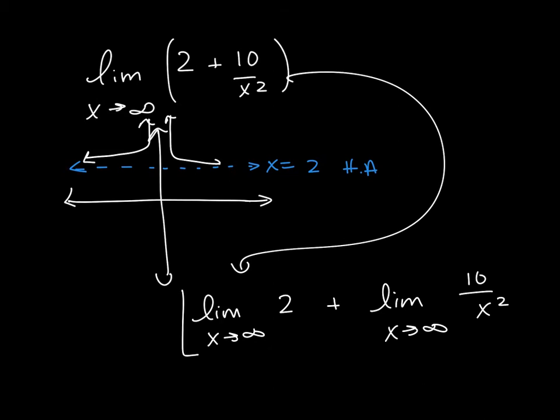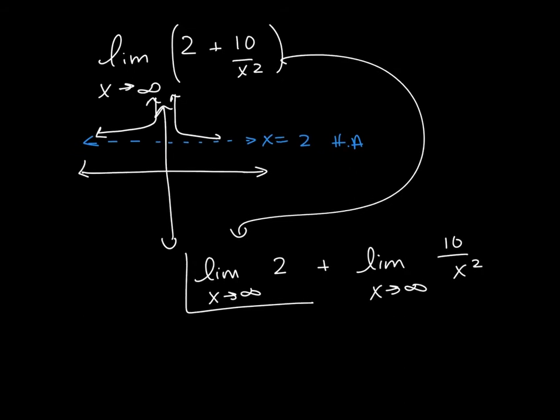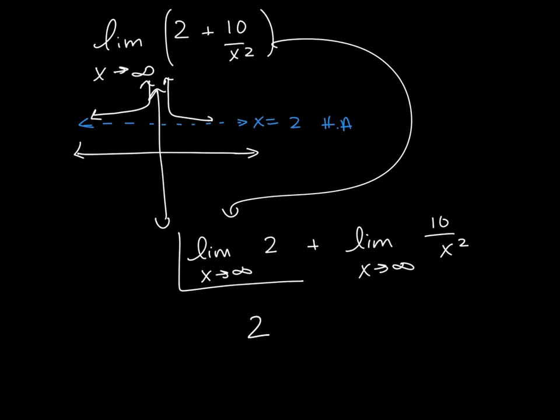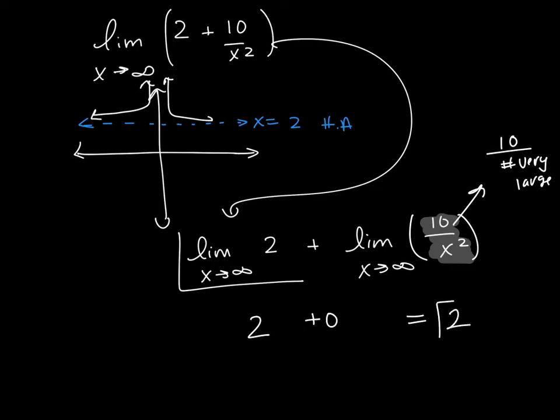Now, the limit of any constant just becomes 2. The same thing happens here. Whenever you have a constant over a variable, that limit is 10 over a very, very large number. So all of this is going to equal 2 plus 0. So the limit here is equal to 2.